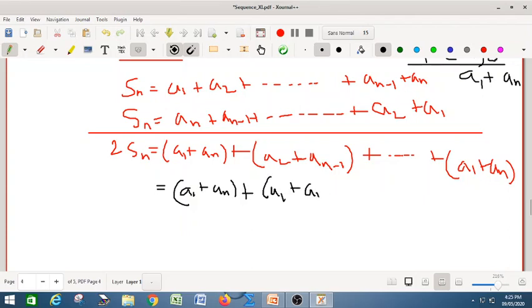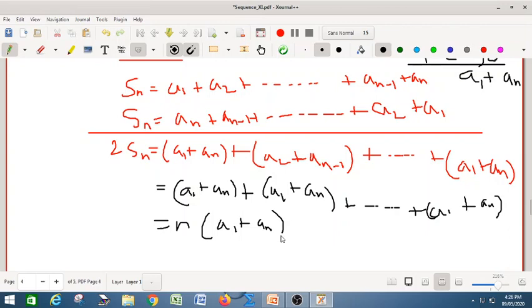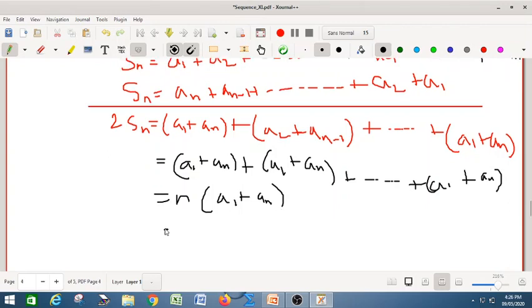So all the terms will be a1 plus an. Look at that. How many brackets do you have ultimately? N brackets. So you write n into a1 plus an.